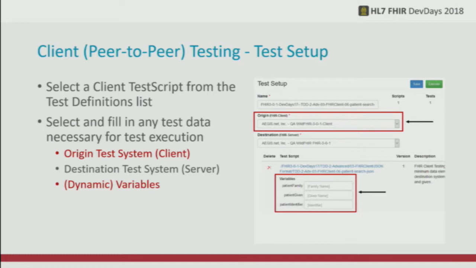As an example of how you set that up, the test script is defined with what we call origins and destinations. There are some elements within the test script that define this. If you don't define origin and destination, Touchstone, or the FHIR test engine, assumes one destination, a server. Touchstone will always prompt you for at least one server, but if you define an origin in there, it will also prompt you for an origin system, meaning a client system.